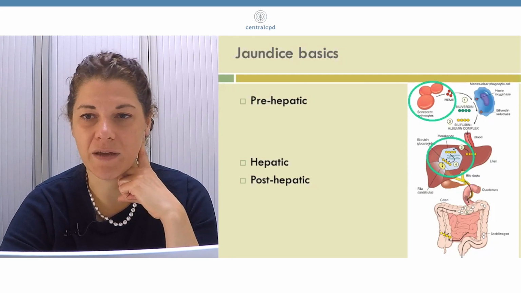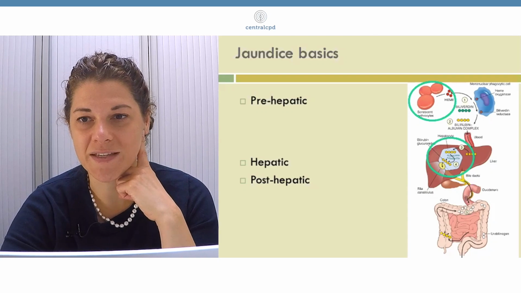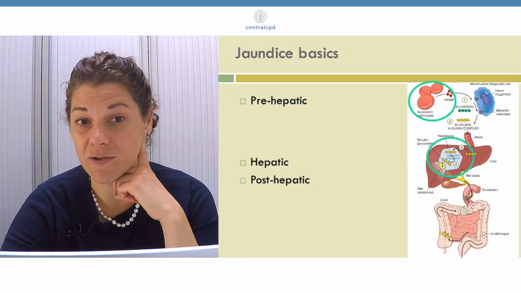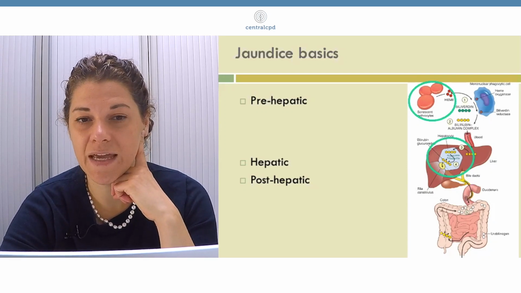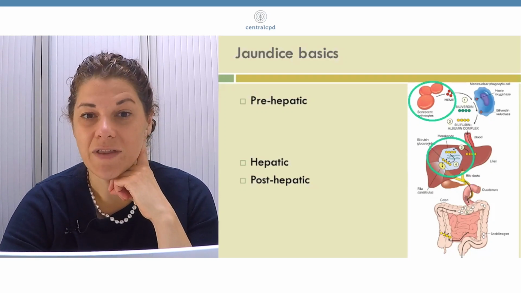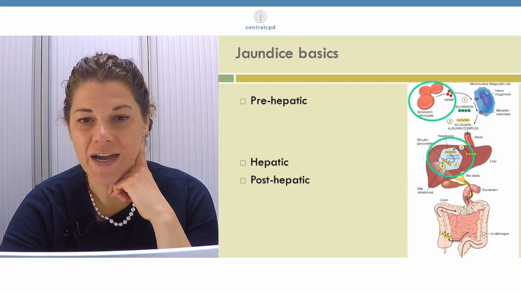So the albumin will be taken off the bilirubin, and it will be complexed with things like glucuronic acid. And then it's excreted into the biliary tree against a concentration gradient. And then the biliary tree will carry the bilirubin down to the intestinal tract.